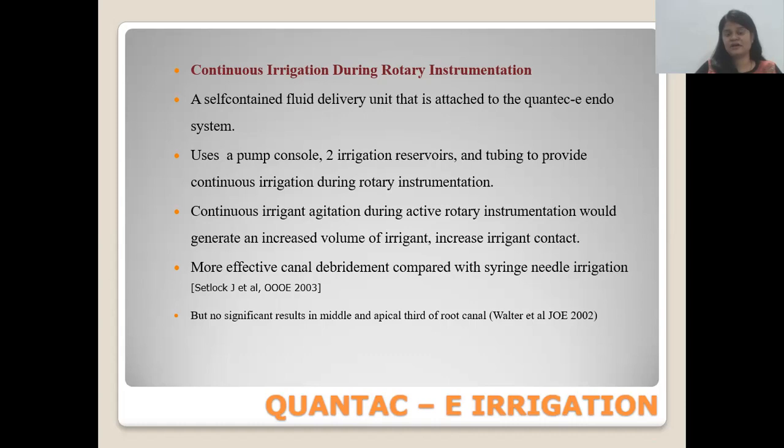So during continuous irrigation, irrigant agitation during the active rotary instrumentation would generate increased volume of irrigant and increased irrigant contact. More effective canal debridement compared with syringe needle irrigation is achieved, but no significant result is seen in the middle and the apical third of the root canal, according to Walter Ritter in the Journal of Endodontics in 2002.